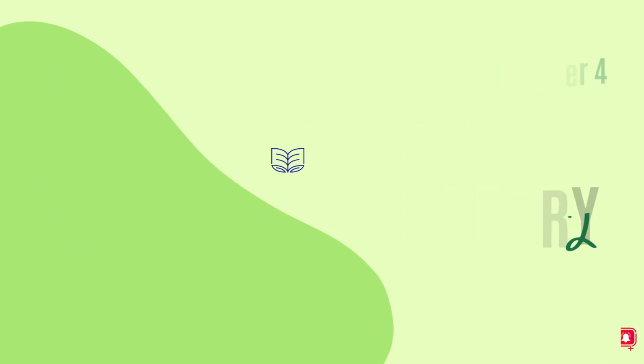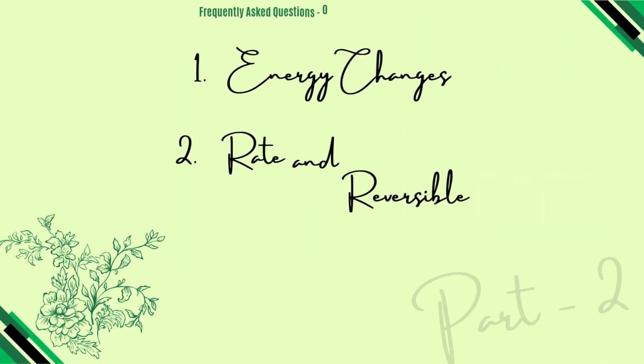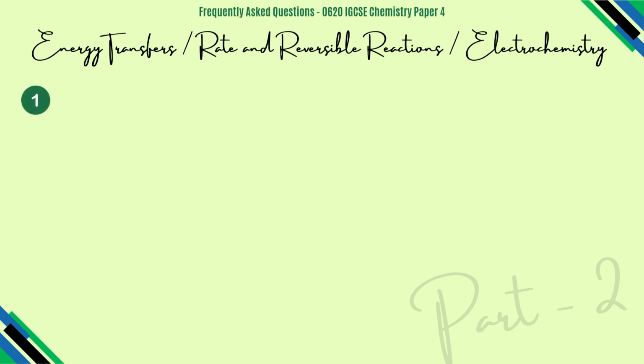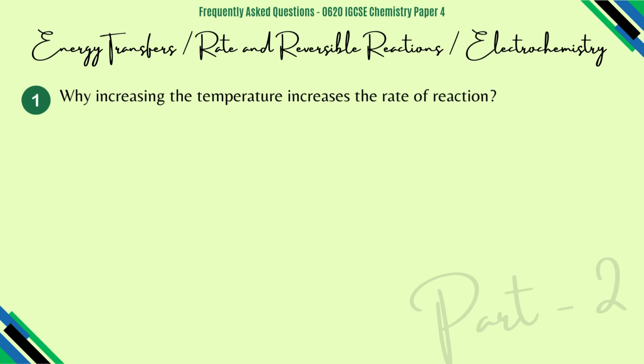The topics which we are going to study today, for which we'll see the questions, are energy changes, rate and reversible reactions, and electrochemistry. So the question number 1, which is frequently asked, is why increasing the temperature increases the rate of reaction.